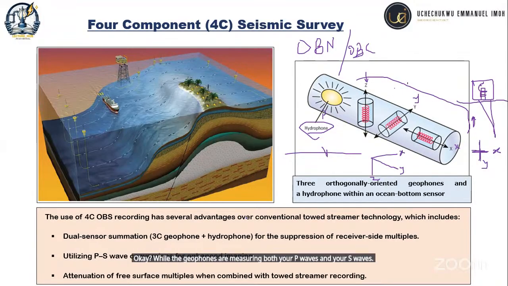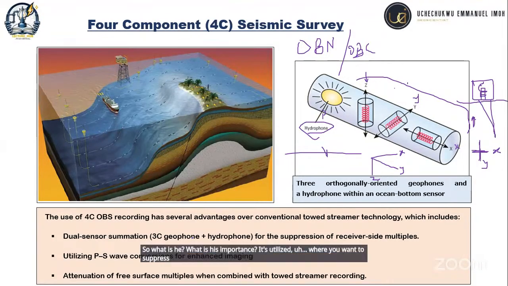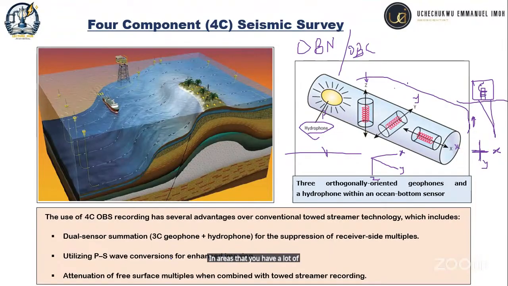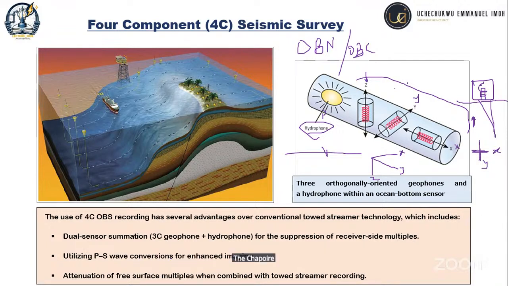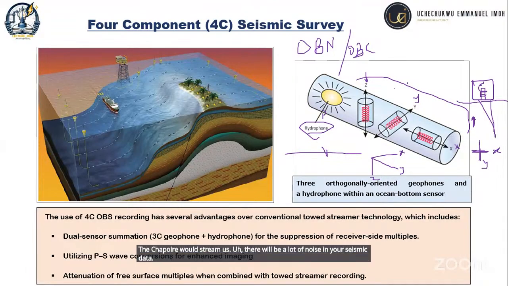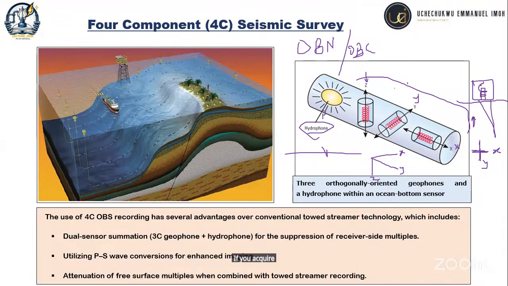So what's its importance? It is used where you want to suppress noise in areas that have a lot of noise in your data, especially where the ocean water is very turbulent and you need to acquire seismic data within those areas. If you acquire with streamers, there will be a lot of noise in your seismic data. If you acquire with only OBN or OBC, there might also be a lot of noise because of the turbulence of the water body.